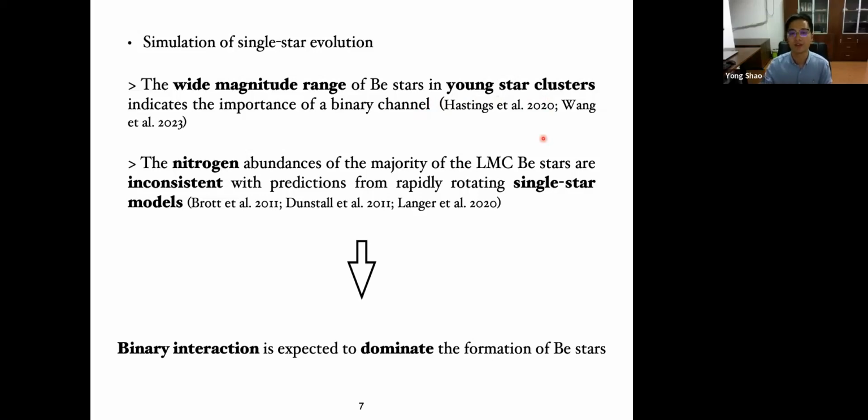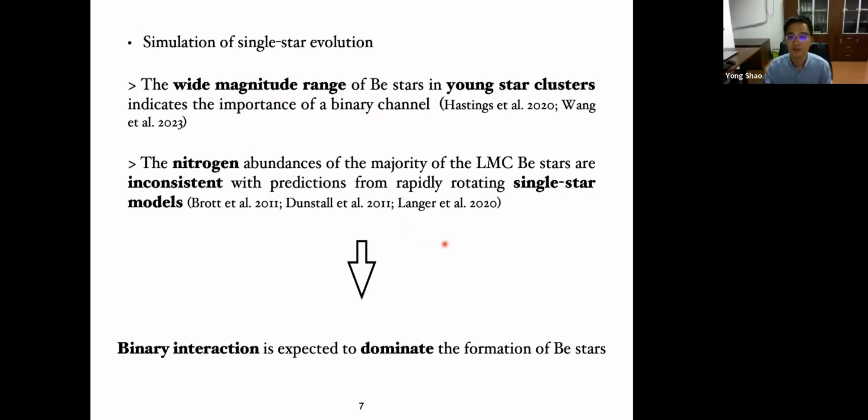However, the observed Be stars in young star clusters cover a wide magnitude range. So this indicates that binary interaction should be important to produce Be stars.